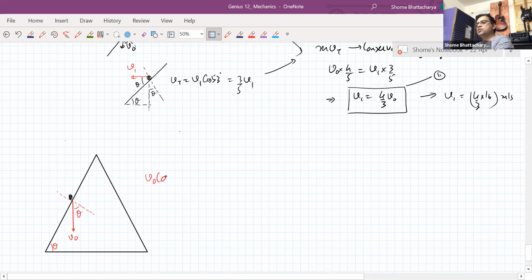So V0 cos theta is the normal component. So that is equal to the approach velocity.